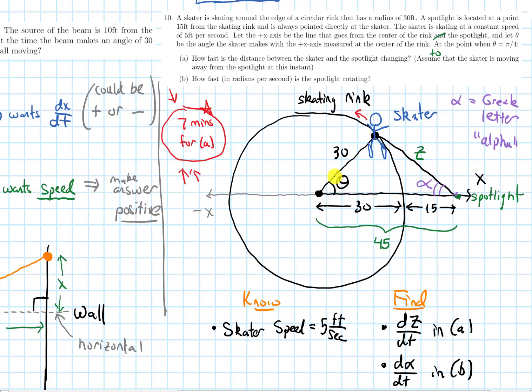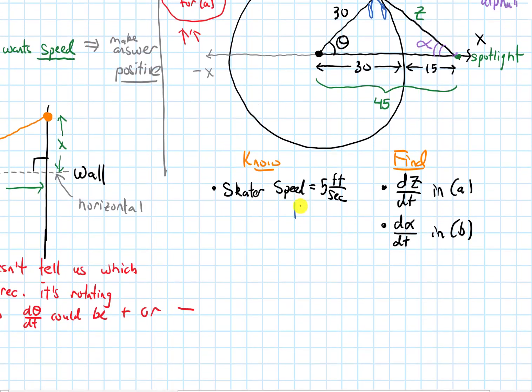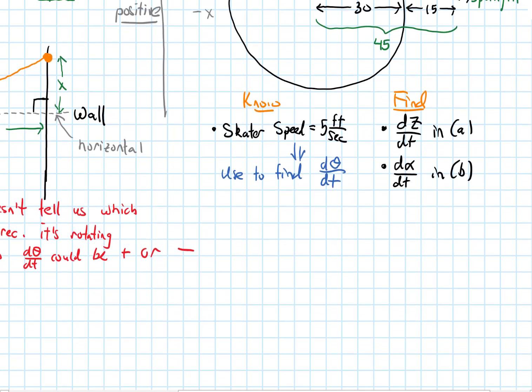Somehow this angle theta is likely going to be relevant. Because the skater is skating around the rink at a constant speed, this theta will also be changing at a constant rate. So it would be nice if we could use the skater speed to find the rate at which theta is changing, d theta dt.